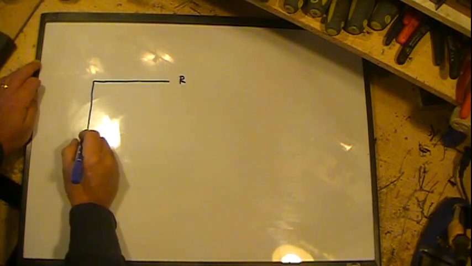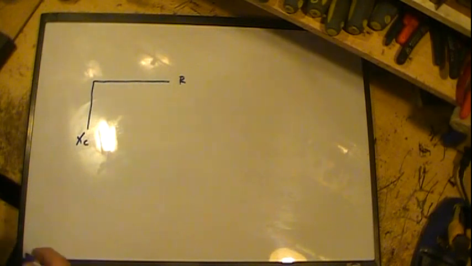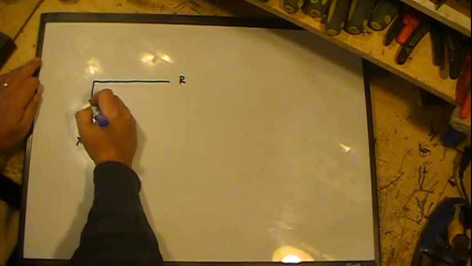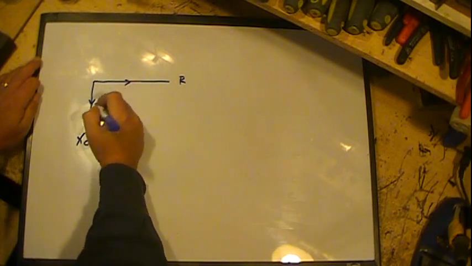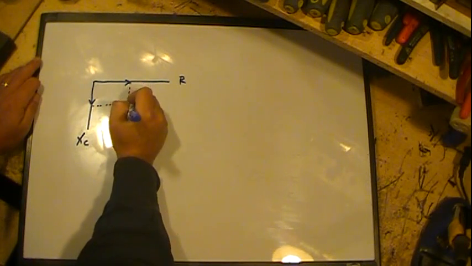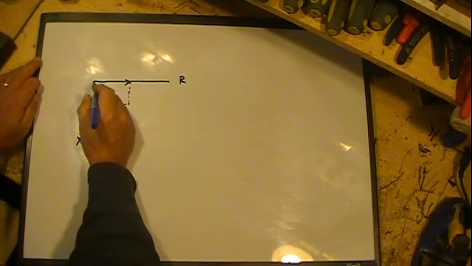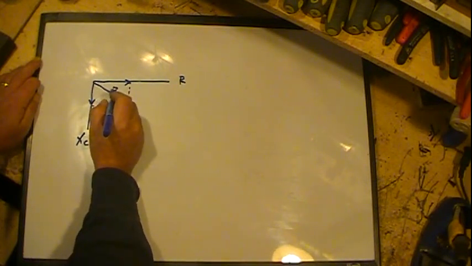R and X sub C. Again, if I have a certain point that these make up, this becomes the line that will become my impedance.